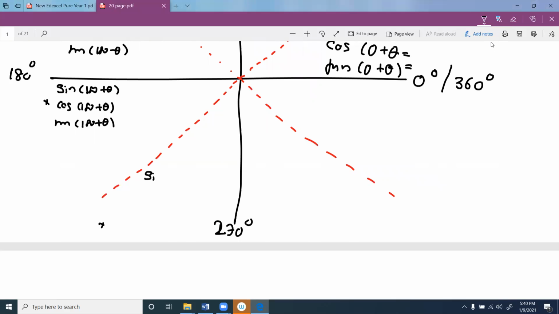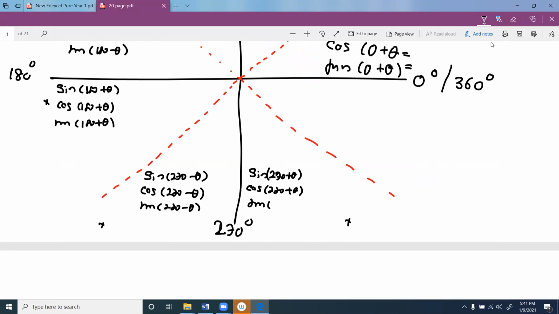sine 270 minus theta, cos 270 minus theta, tan 270 minus theta, right? If you mark an angle over here, this part you can say sine 270 plus theta, cos 270 plus theta, and this is tan 270 plus theta, right?